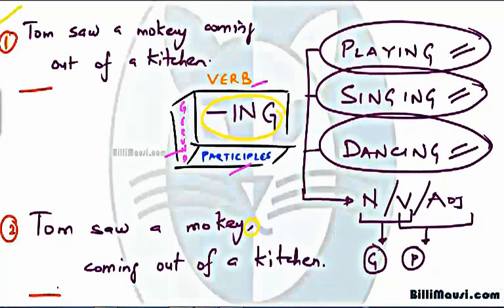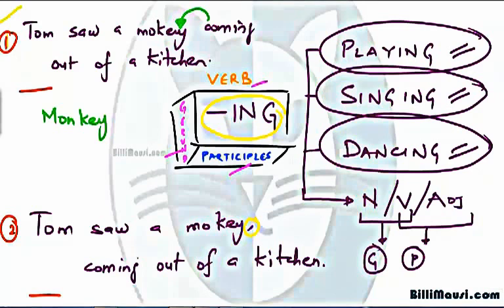I'm pretty sure you must have given the correct answer, but let me elaborate and give you a little bit of the concept behind that. In the first sentence, coming is modifying or is qualifying the word monkey. Hence, monkey is the correct answer. Who is coming out of the kitchen? Monkey is coming out of the kitchen.